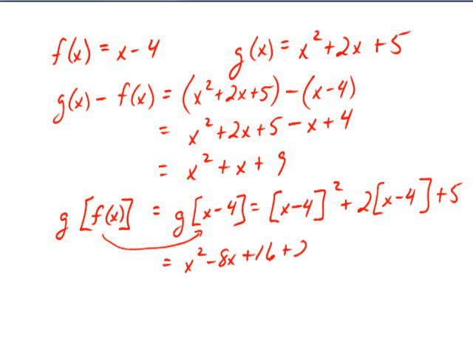Distributing the 2, 2x minus 8 plus the 5. Adding like terms, we have x squared minus 6x plus 13.